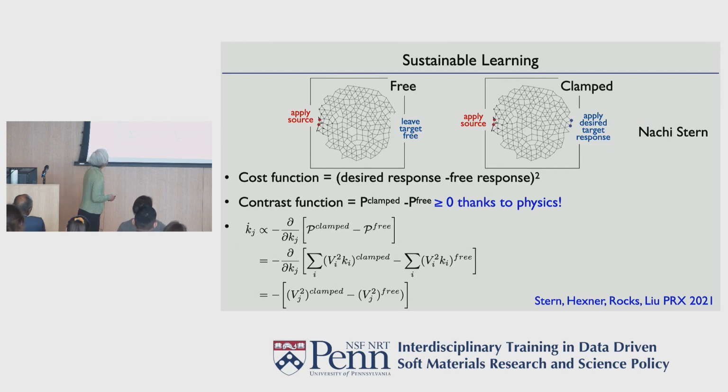Sustainable learning. As I said, artificial neural networks take immense amounts of power. Our circuits are much less power hungry, and in fact, very preliminary scaling arguments by Marcelo Gutzman, who's sitting back there, show that the scaling of the power required to train a network actually goes down as the system gets bigger.